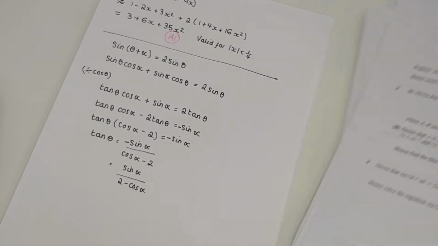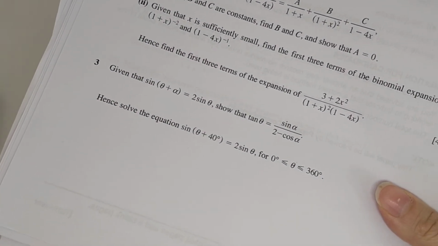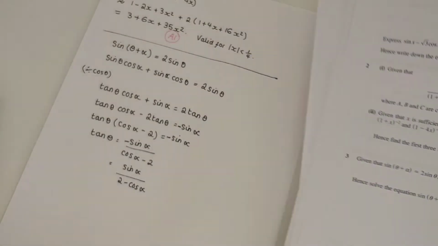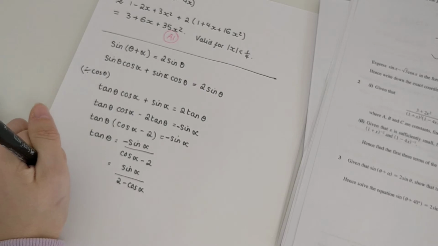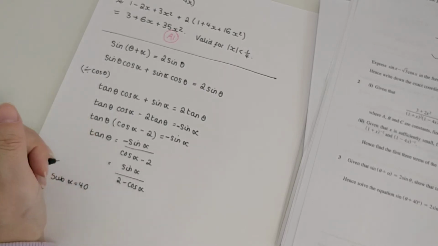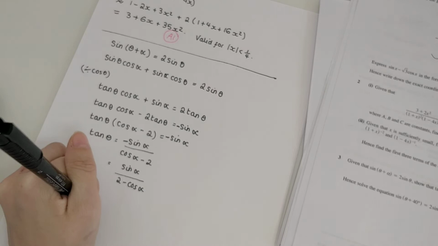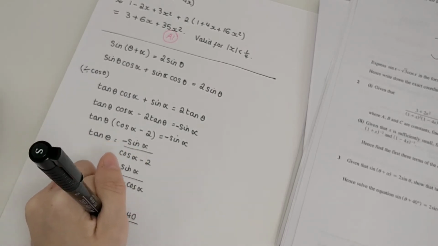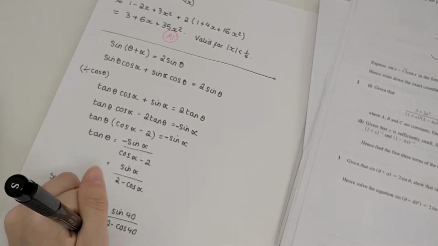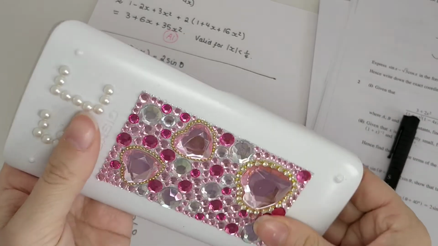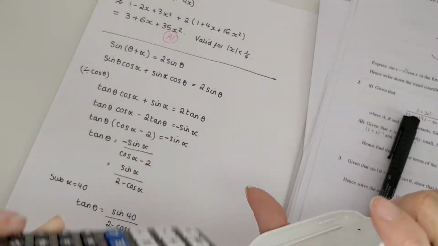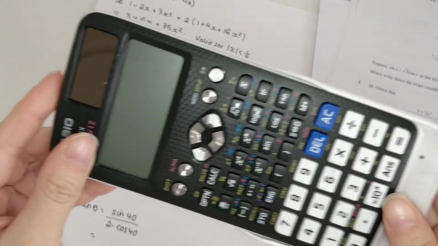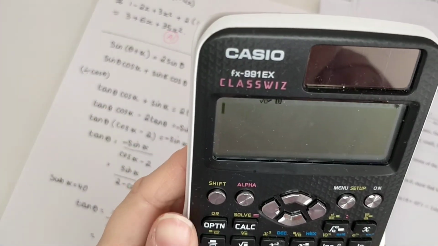Hence solve the equation. So basically I just need alpha to equal 40. So I just sub alpha equals 40, right? Tan theta equals sine of 40 over 2 minus cos of 40. Am I in degrees? Yes.